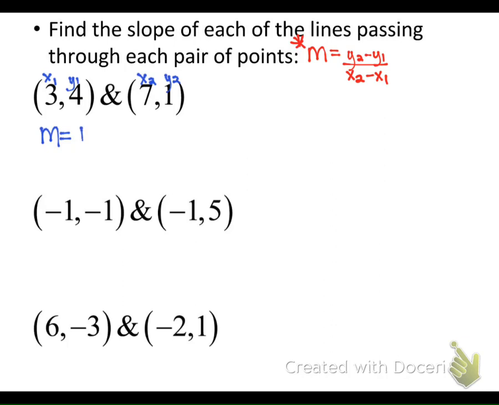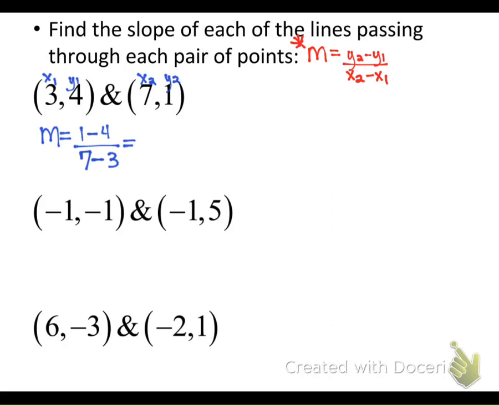And then my operation sign in my formula is minus. And what's my y1? 4. So 1 minus 4. Over. So the second part of my formula is x2 minus x1. Well, what's my x2 number? 7. And then my operation sign is a minus. And what's my x1 number? 3.